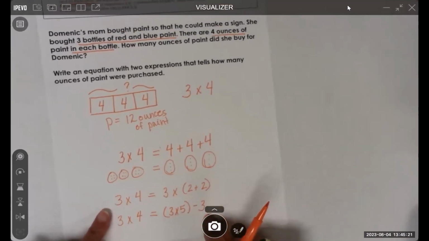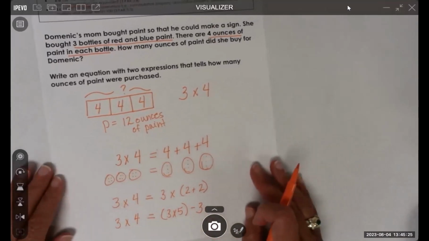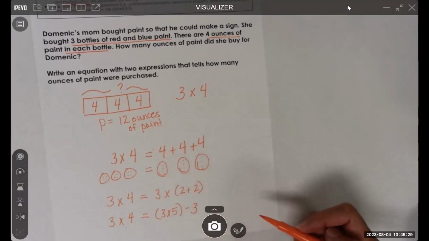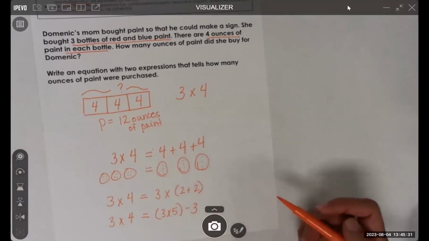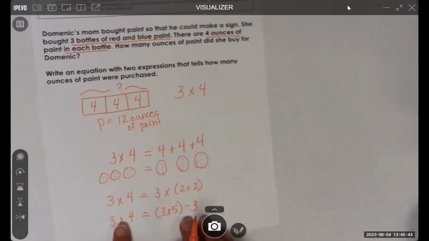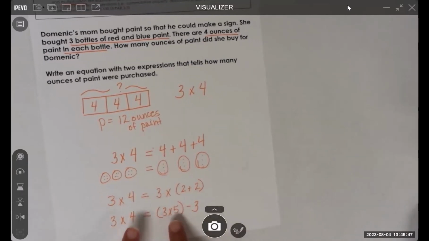Again, the meaning of the equal sign is truly vital to understand, and use words as you are talking about all kinds of equations with your students so that they become flexible in their thinking, that no matter the value on this side of an equal sign and the value on this side of an equal sign, they are the same.